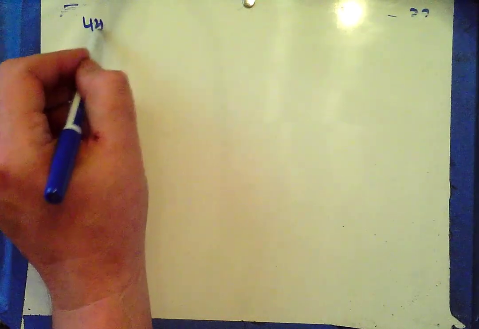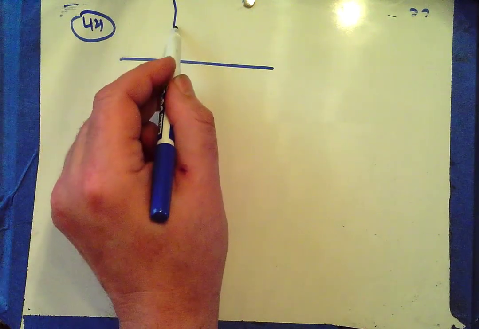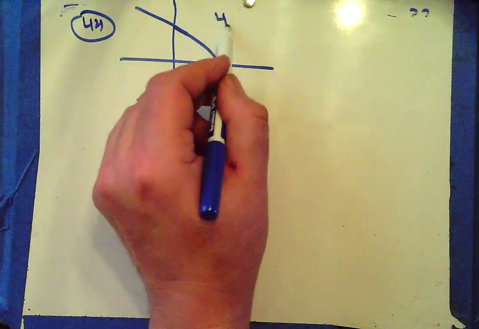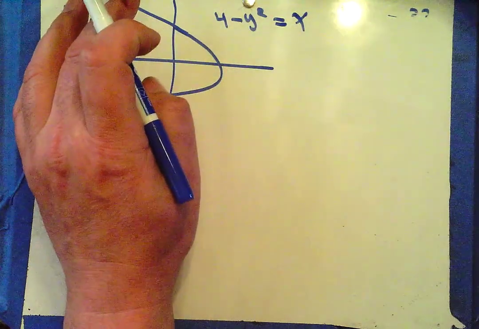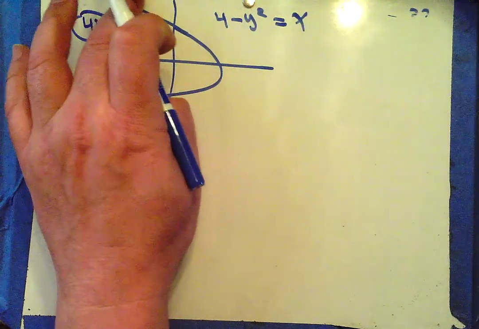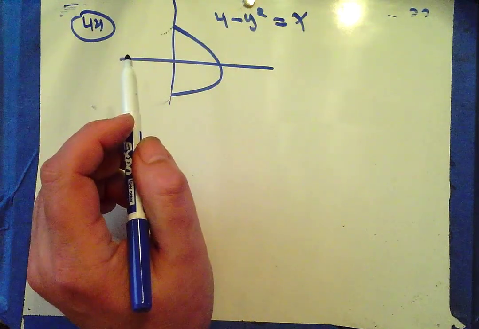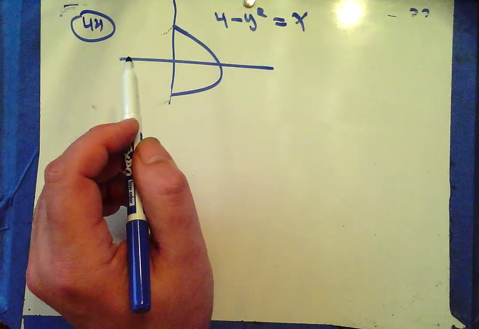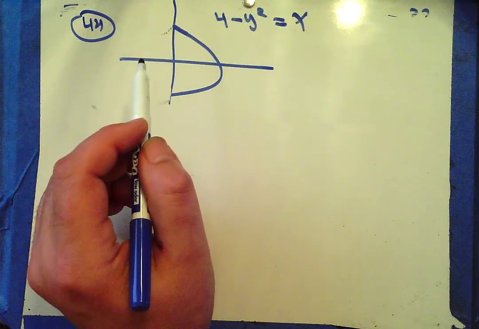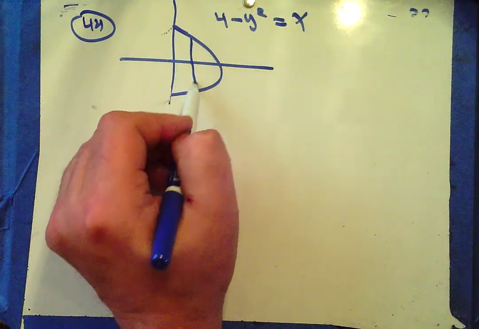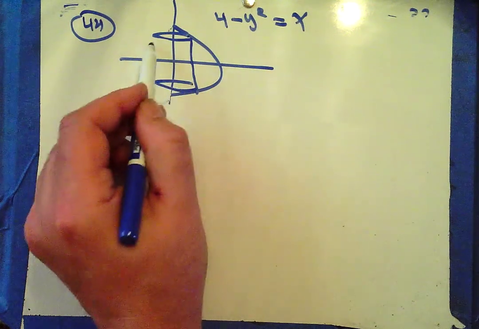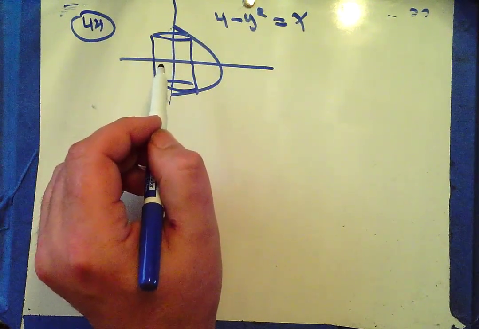44. 44 says the region bounded by 4 minus y squared and the y-axis is revolved around the y-axis, so this region revolved around the y-axis. I don't want to do shells, but I think they want me to do disks.